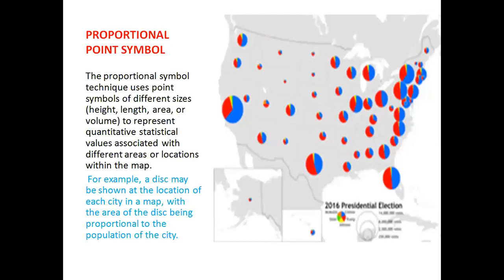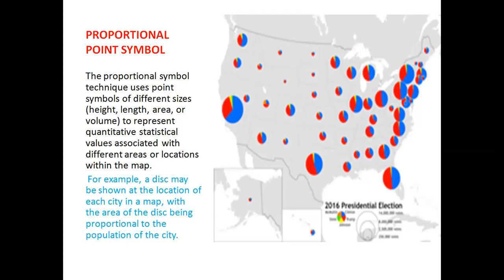And a proportional point symbol map. If you see that map, large circles, large pie charts, or large balls and small balls and very small balls on the America map. That is shown on the map of America.